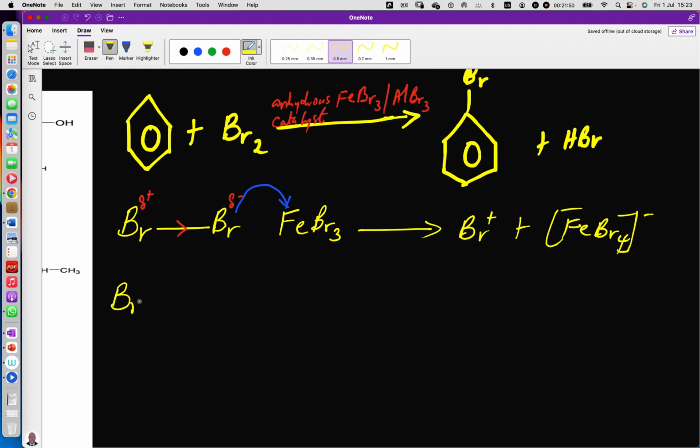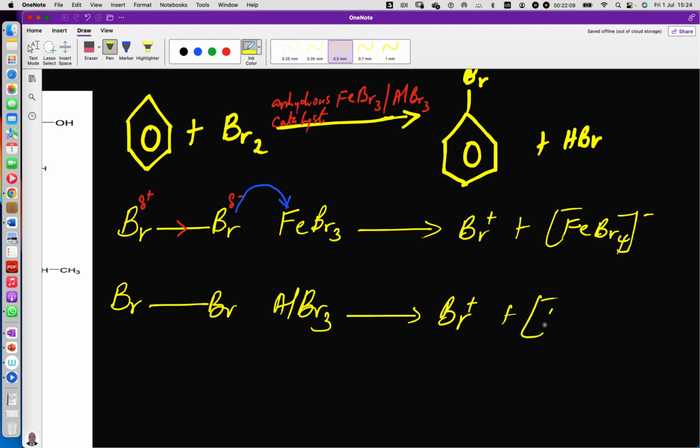It will be bromine into bromine. That is aluminum bromide to give our electrophile and the complex.